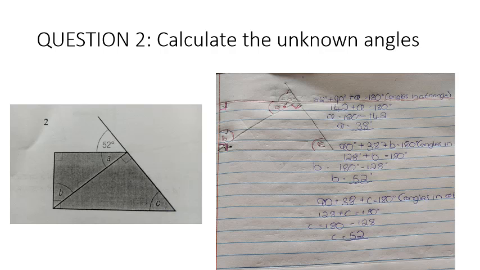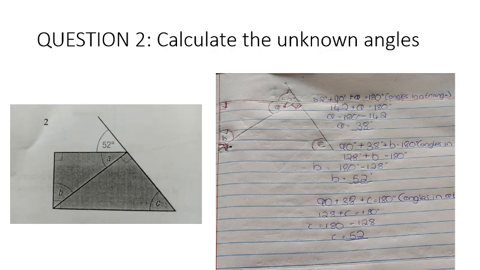In the diagram there you can write 38 degrees so that it will help you to find the value of B, or you can just leave it like that. From there, let us find the value of B. We know the size of angle A, that is 38 degrees. So if we add that 38 degrees, 90 degrees, and angle B, the answer will be 180 degrees, angles in a triangle, or sum of angles of a triangle.